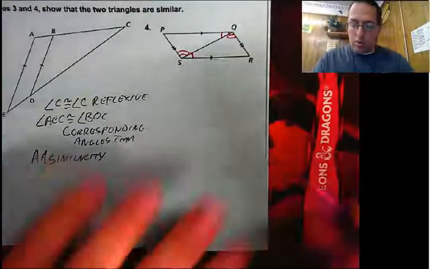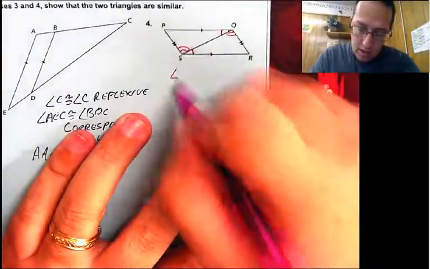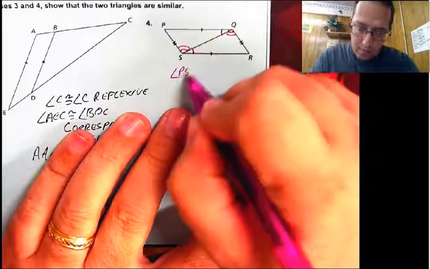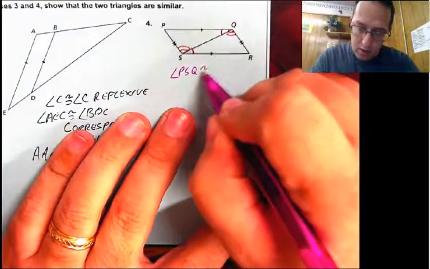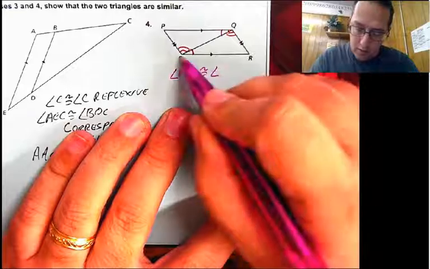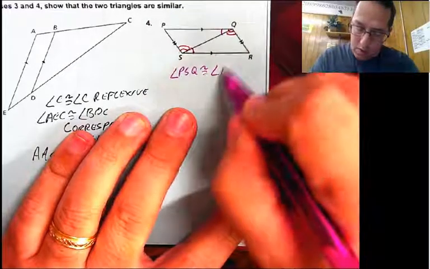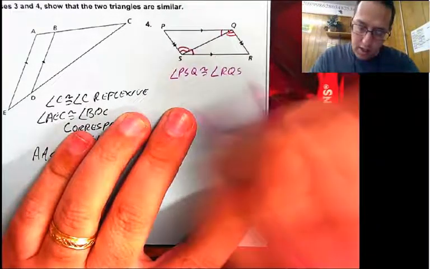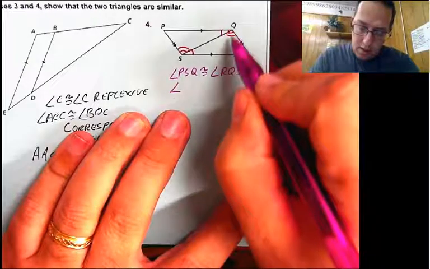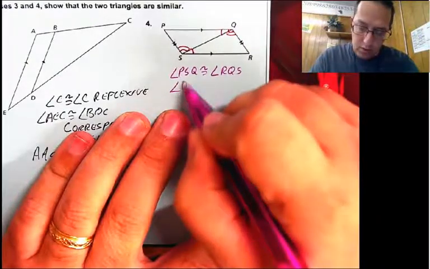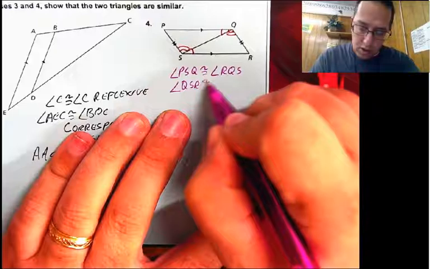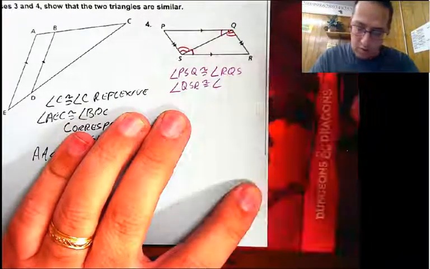And so I know that angle PSQ is congruent to angle, what would that be, RQS, and angle QSR is congruent to angle, which one am I looking at?